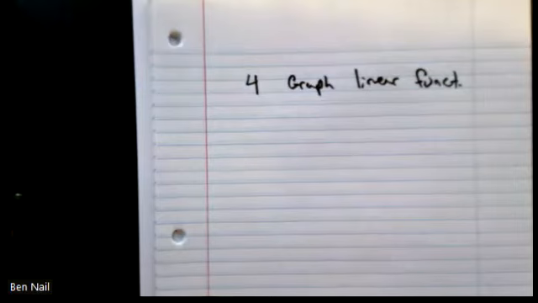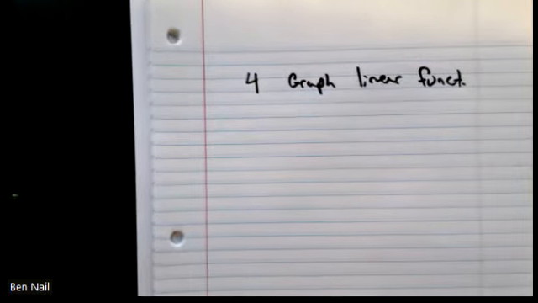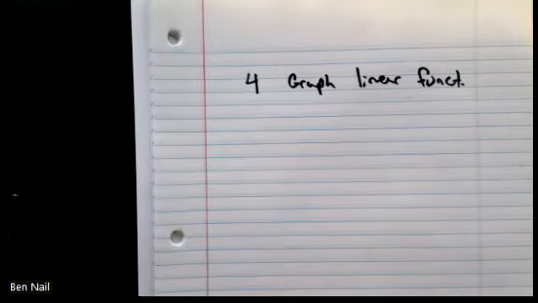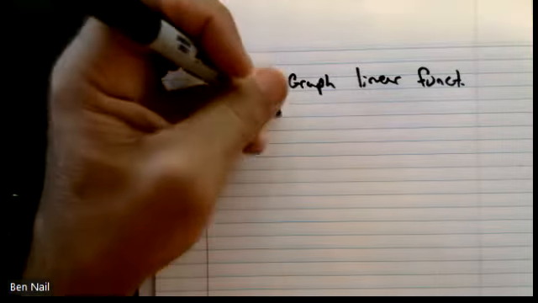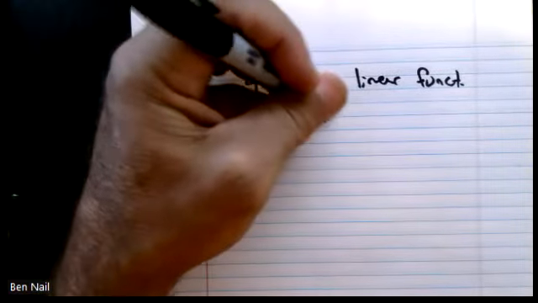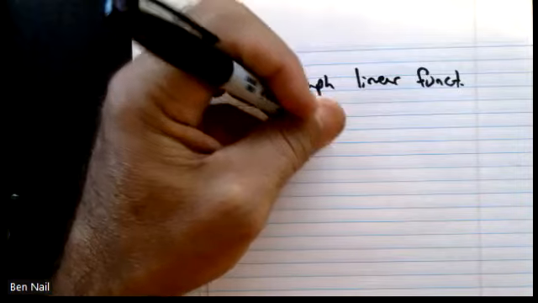There are going to be 4 problems asking you to graph a linear function. They can give you that equation in a couple of different forms. They can give it to you as an f of x equals, as standard form, or slope intercept form. But you should be able to graph it, or they may ask you for the slope or the x-intercept.